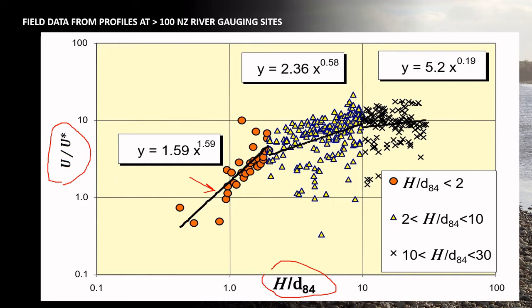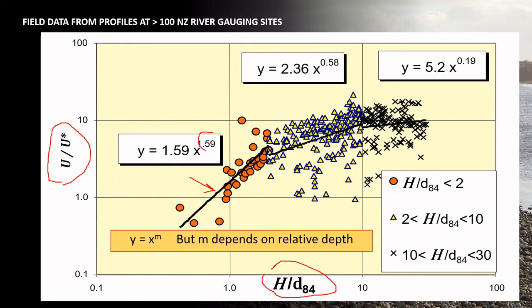If we consider the exponent of the power law as m, we can see that this exponent gets smaller as the depth gets bigger, until at deep relative depths we're approaching the 1/6 value that Manning's equation has. So our exponent depends on the relative depth.